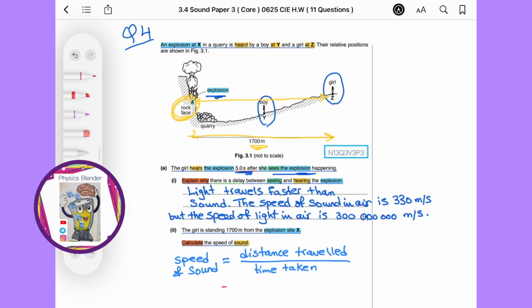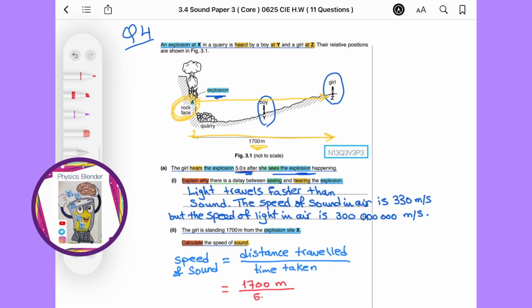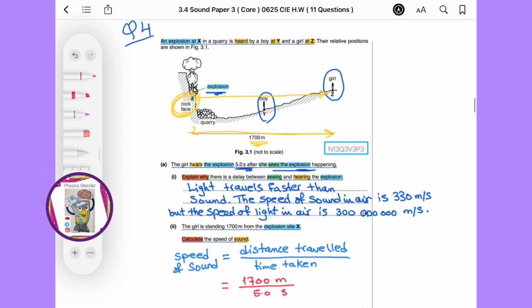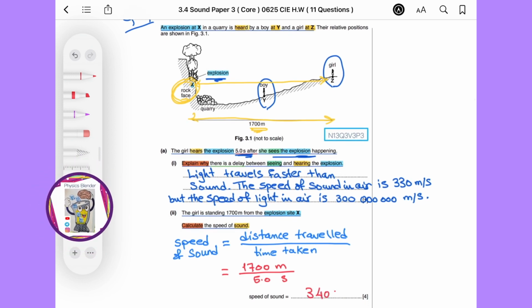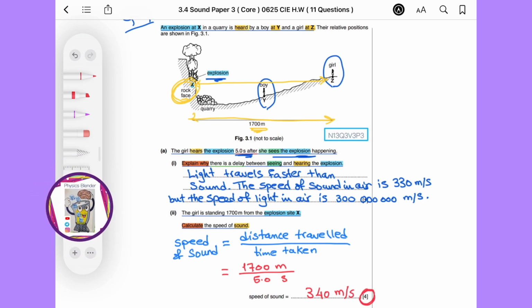Just substitute the distance traveled between the girl and the sound source, which is 1700 meters, and the time here is 5 seconds. Check your units are consistent. The answer will be 340 meters per second. You should mention the unit, which is not given. You have 4 marks.